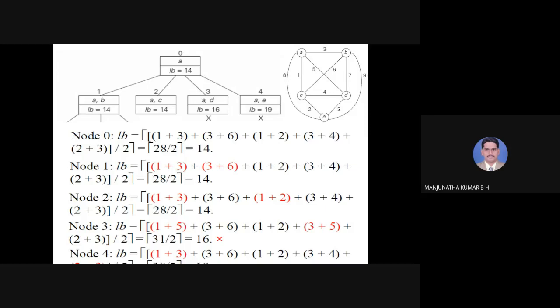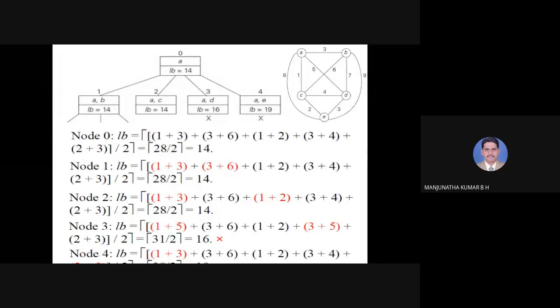So if E is my second city, then you observe the equation of node 4 now. Node 4 of the state space tree, I have written first term and the last term in red color. The reason is the node 4 of state space tree is talking about only city A and E. So with respect to A, it is 1 plus 3.